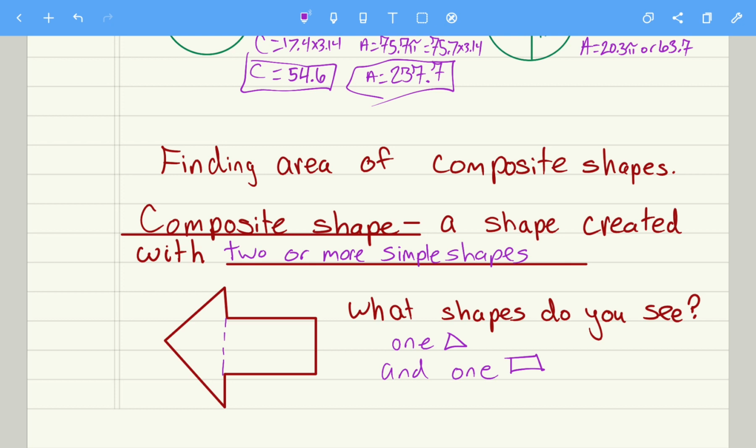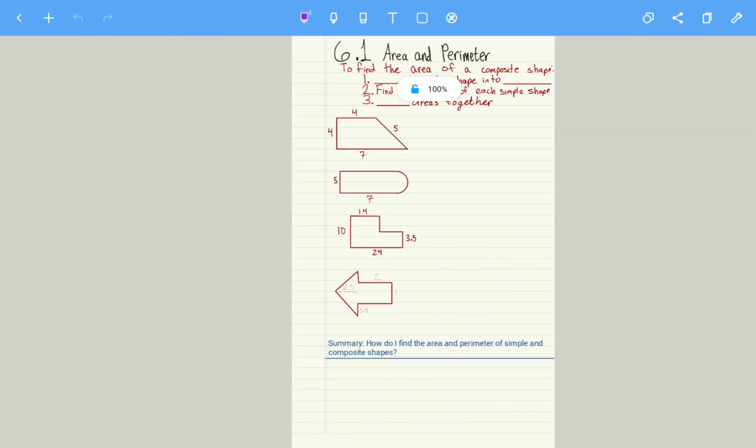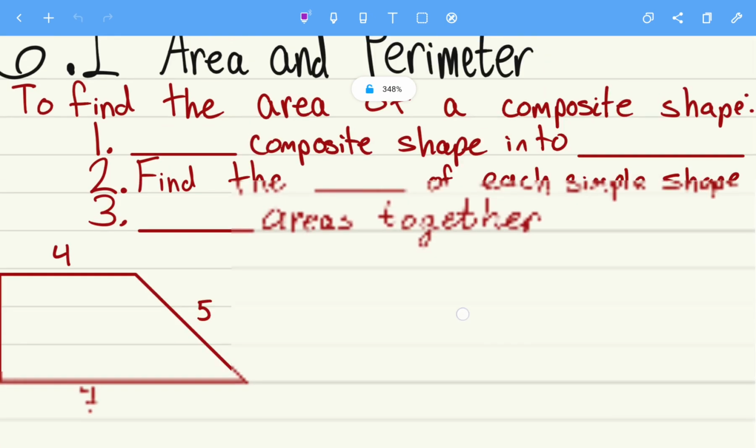Now, while an arrow does not have a formula for finding the area of that arrow, a triangle and a rectangle do. So if we could find the area of both pieces, we can add them together to get our total area. So that is how we're going to find the area of a composite shape.